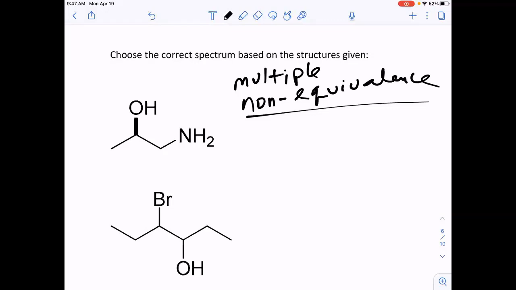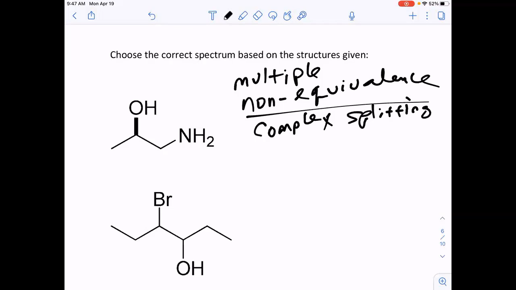You actually get what's called complex splitting patterns. Sometimes you might say, oh, that should be a triplet, but because some functional group is causing this multiple non-equivalence, you don't necessarily see a triplet. I'm going to show you with this example what that is.